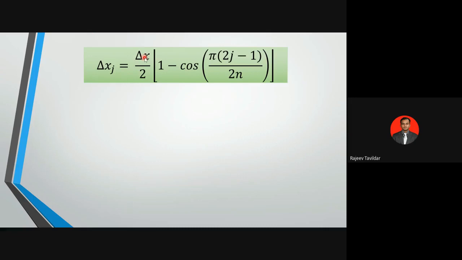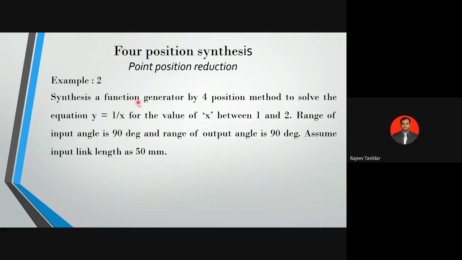So delta x will be, I'll just keep this problem open so that you can note it down. Delta x ranges between 1 to 2, so it will be 2 minus 1, that is 1.